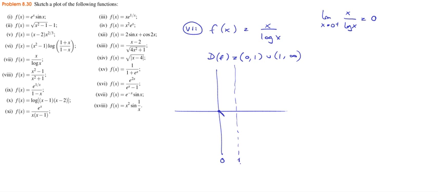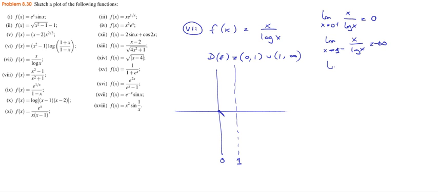Now what happens in the limit when x goes to 1 on the left of x divided by the logarithm of x? The logarithm is going to go to 0, but from the negative side. So this is going to be negative infinity.